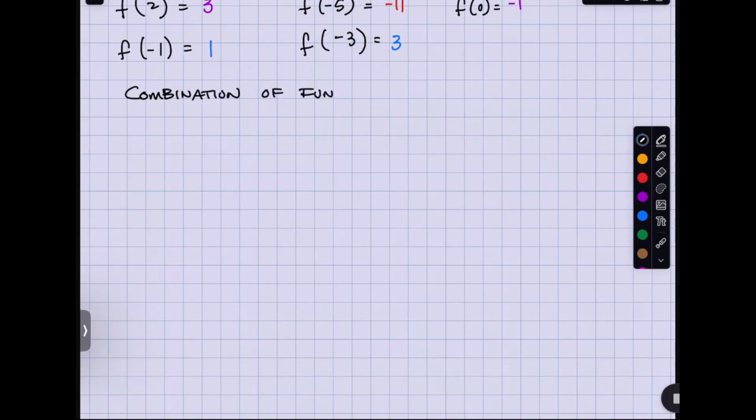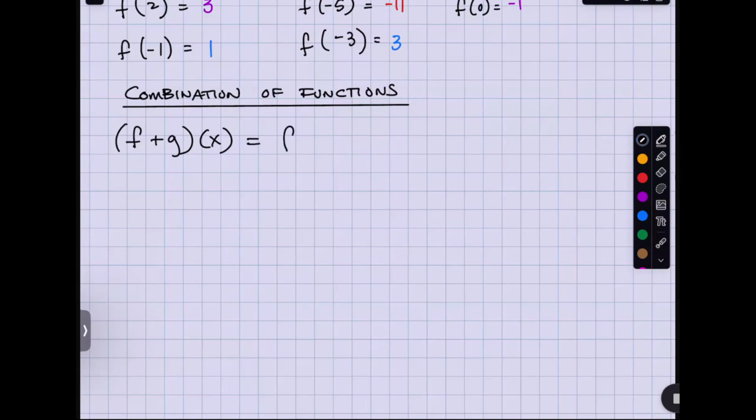So let's talk about combination of functions. Combination of functions is more like operations with functions. So yes, f of x, g of x, and such things. If I see f plus g of x, that just means f of x plus g of x. That is called the sum.